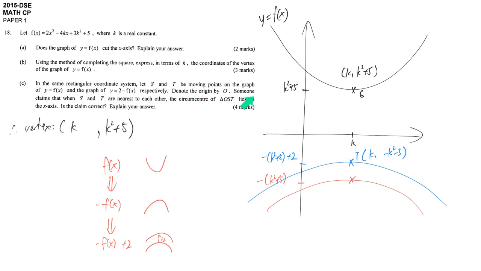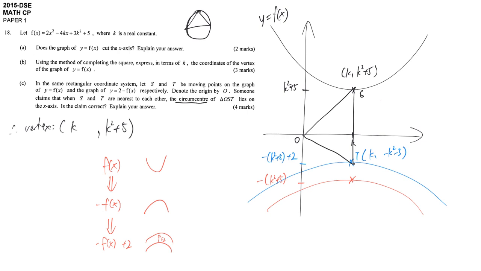And then they say that we are concerned about a triangle OST and its circumcenter. O is here, and then we have OST, that means this triangle OST. The word circumcenter is talking about a triangle and a circle passing through the 3 vertices of the triangle.